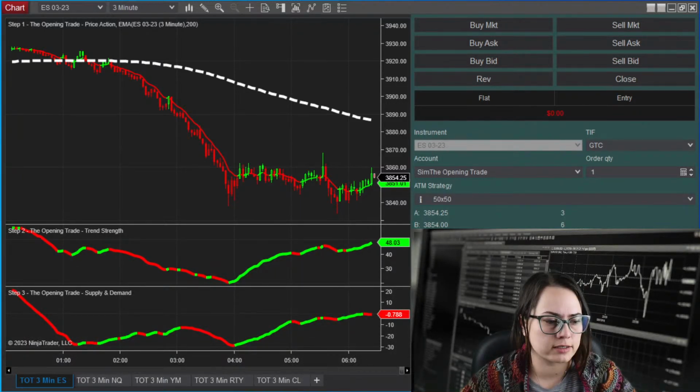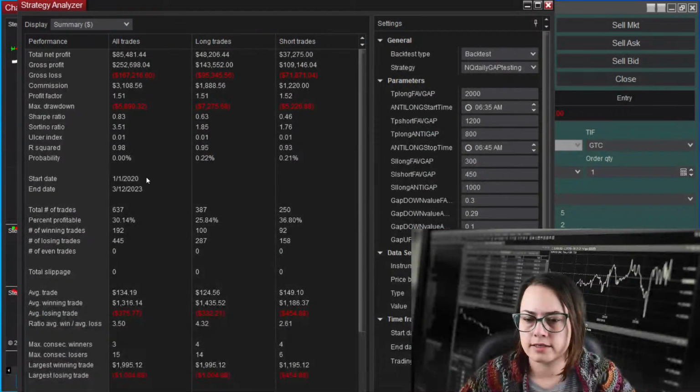Here again is the back test range, so that is 3+ years. And here we have the max drawdown, the gross loss, the gross profit, and the total net profit.